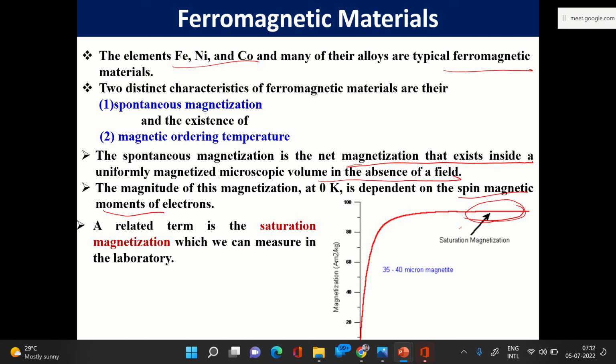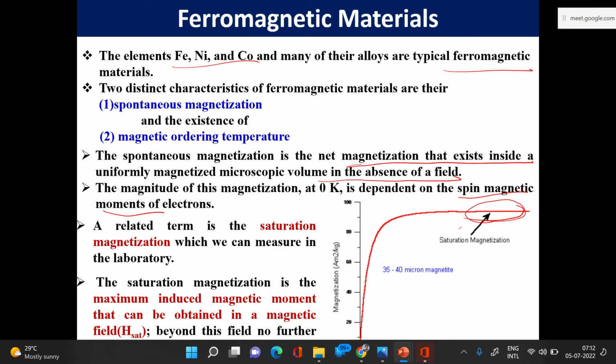When all the spins are aligned with the magnetic field, if you go on increasing the external magnetic field, there will be no further change because there are no spins available. All have aligned already. That is the case of saturation magnetization, the maximum induced magnetic moment.